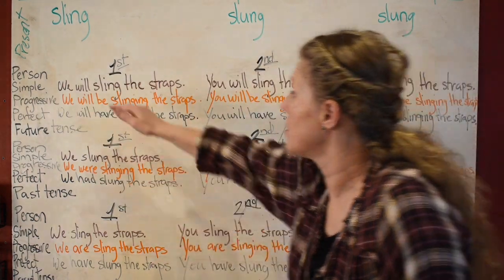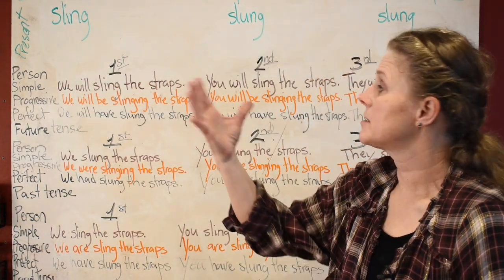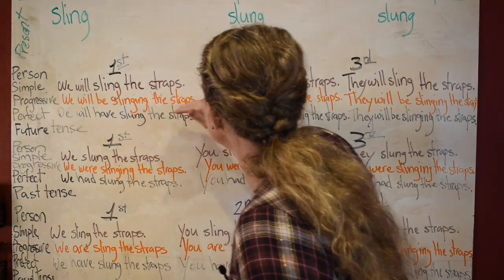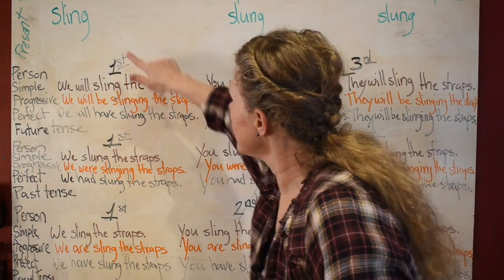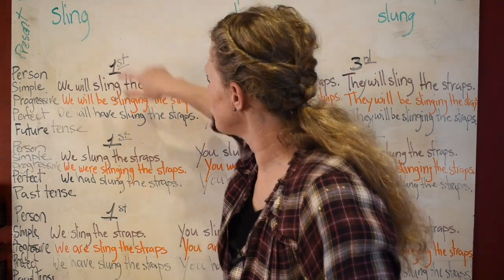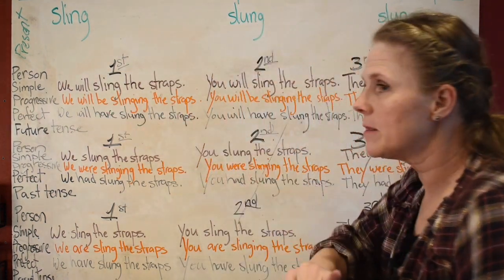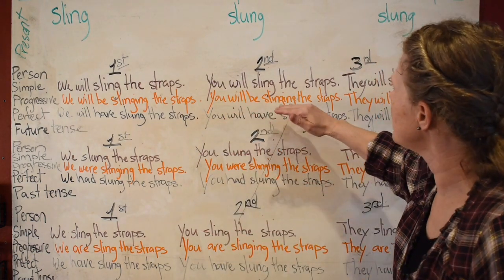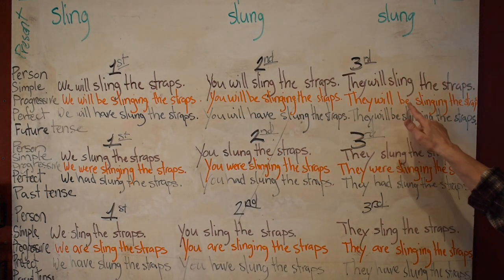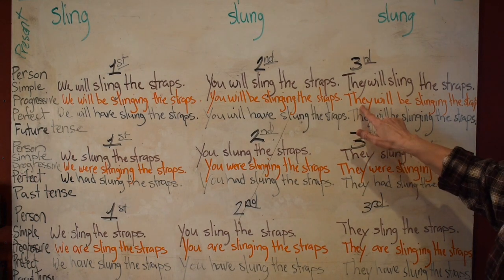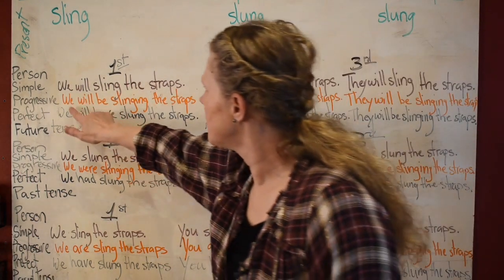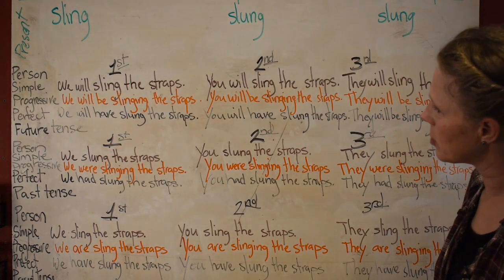If it's plural, you're not changing all these things back and forth. We will be slinging the straps. Look, sling, slinging. You have to take it off your simple tense and add your ing. And you add will be to put it in the progressive tense. You will be slinging the straps. They will be slinging the straps. Third person, second person, first person, plural.